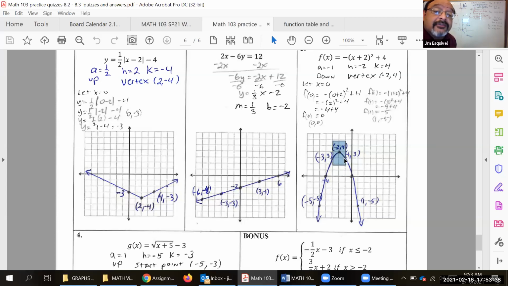Over here on the right, I have -1, +3. Over here on the left, I have -4. Over here on the right, that's 0, 0, so I didn't label it. Over here on the left, I have -5, -5. Over here on the right, I have 1, -5. Symmetry. And it's all about symmetry about the vertex. And I'll show you what I mean in a minute.